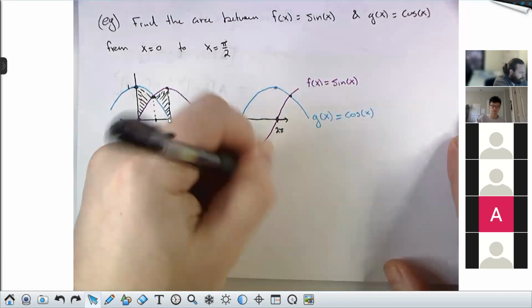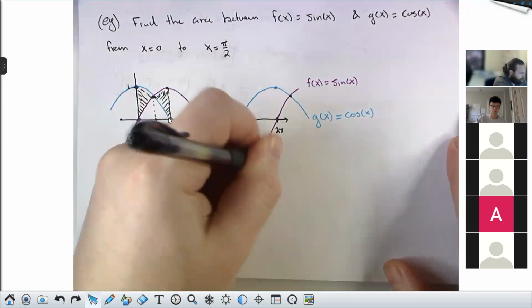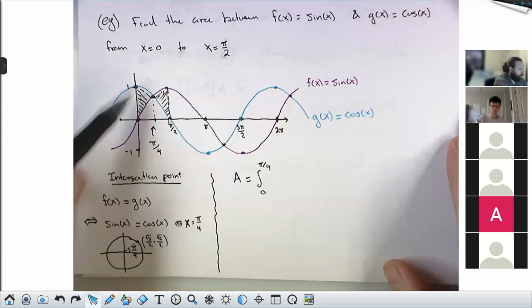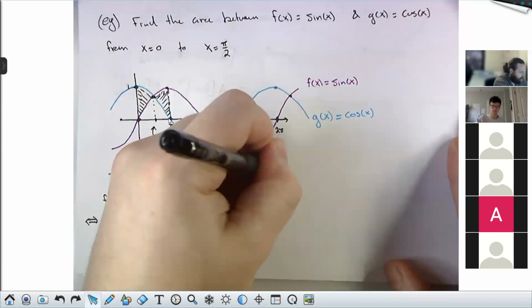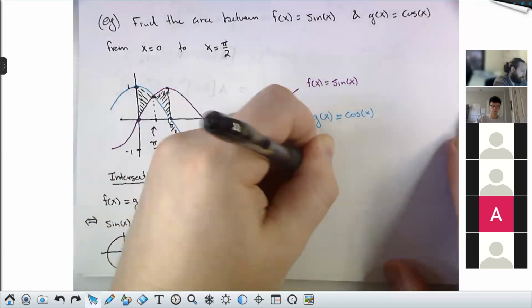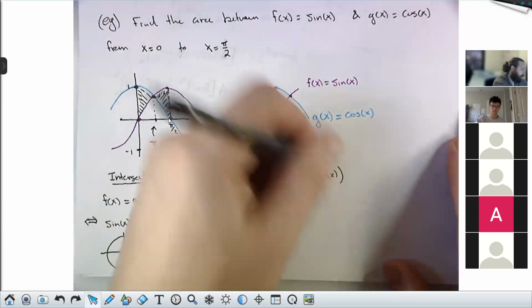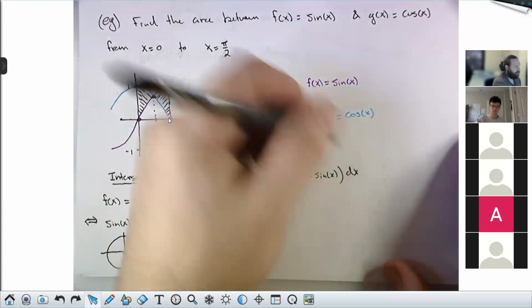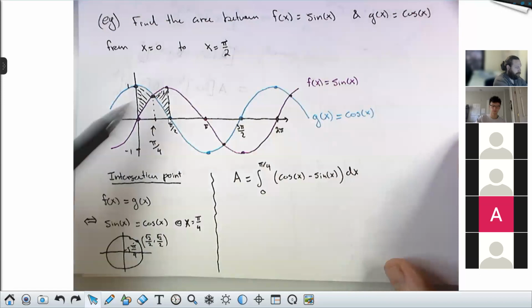This is the integral from 0 to pi over 4 of the upper function there minus the lower function there, which is cos x minus sine x dx. This is my first little region.